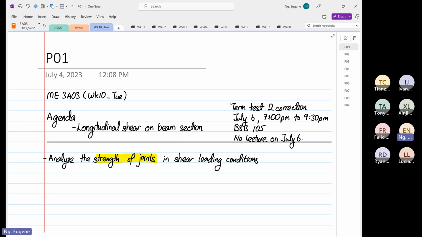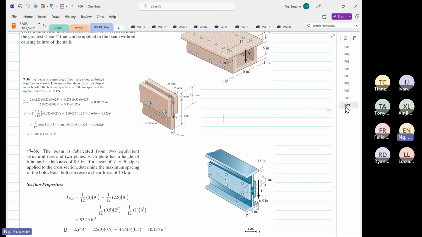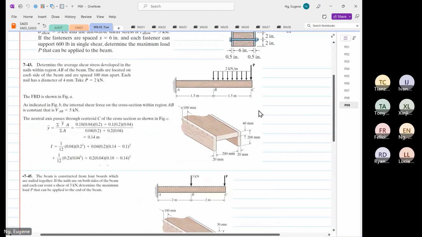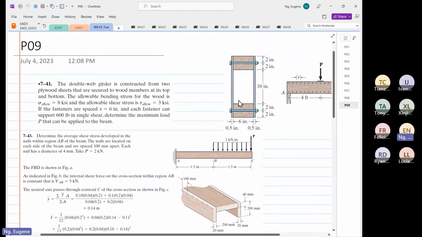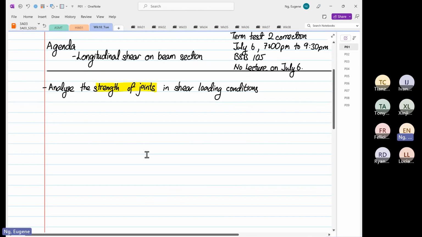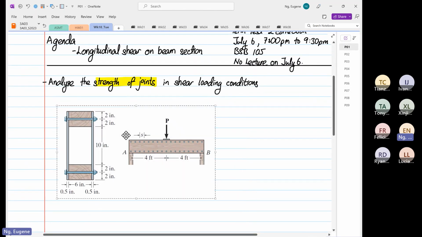If you go onto Avenue to Learn, I posted quite a bit of examples that we'll be using today, so you can go and download. Okay, so if we look at the structure over here, just one of the questions.